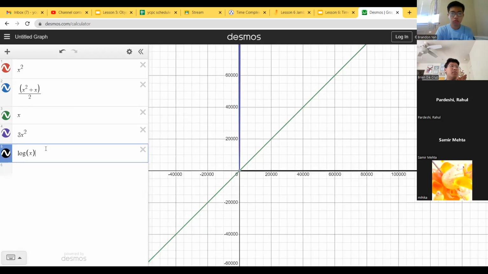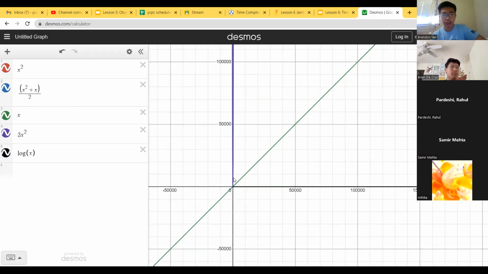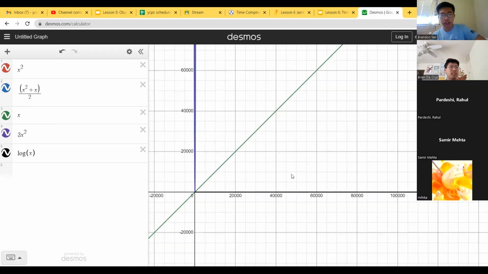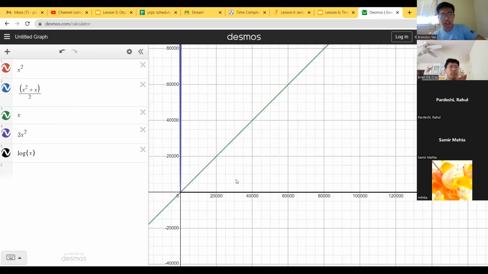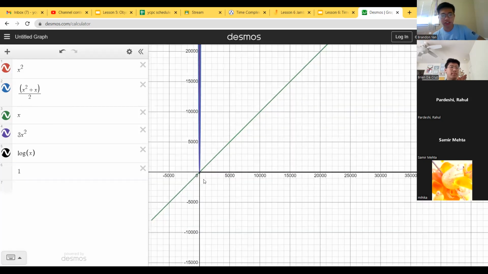We mainly have variables. You can see that x squared is extremely inefficient. With a small input, it goes up really fast. x is right here in the middle. It's much better than n squared, but look how efficient log n is. You always want to be chasing the efficient algorithm. Look, it's basically just a flat line, right?